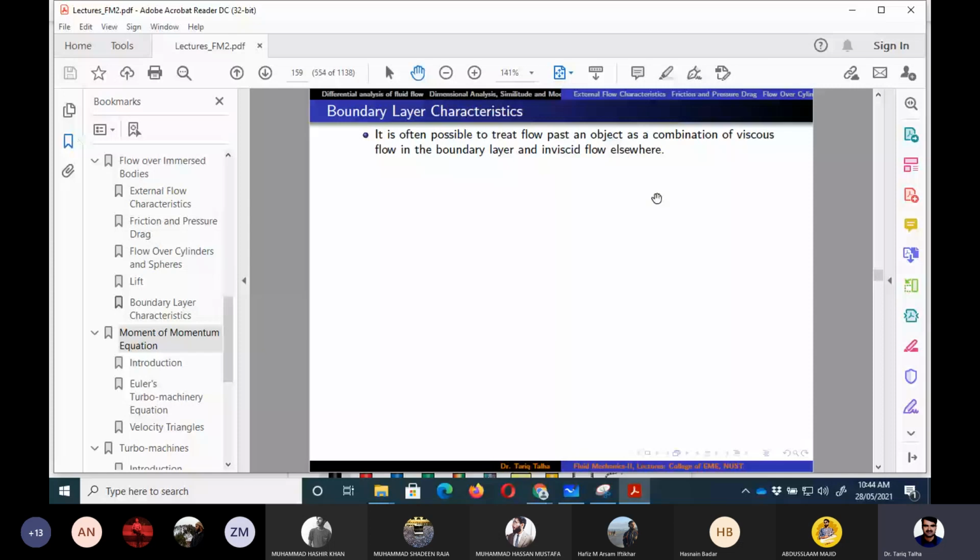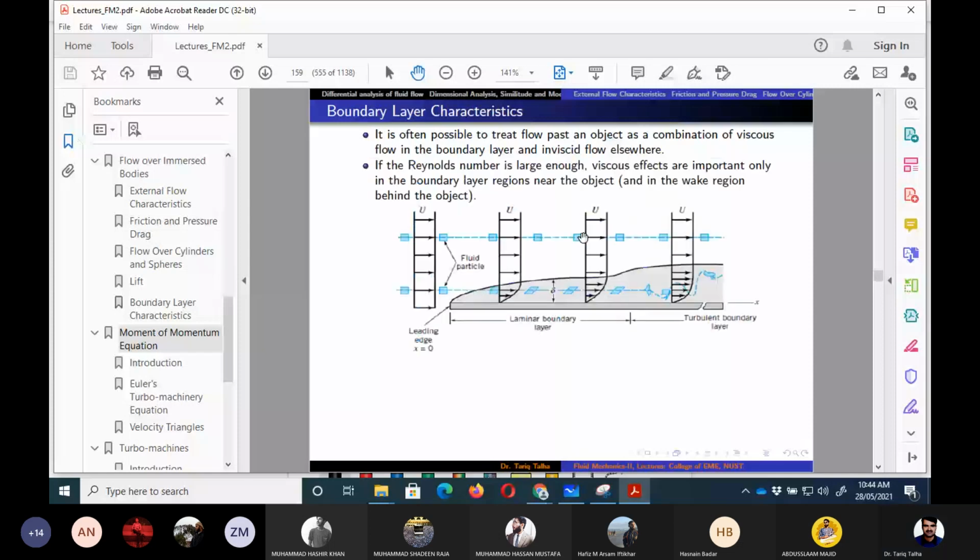Here you can see a shaded region near the wall, near this flat plate. We call it the boundary layer. In this gray shaded region, the velocity gradients are present, and the velocity is different from the free stream velocity.